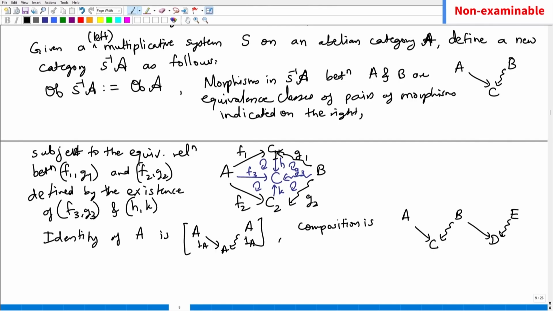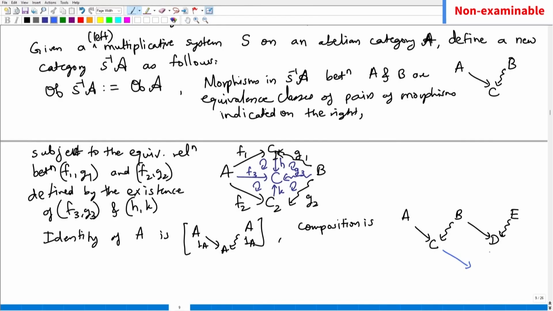So there will exist this blue diagram, and then the equivalence class of these two, A to F and then E to F, is what your composition is. That's why we added this property. And while checking that this is indeed an equivalence relation, whatever we wrote above, you will also use property 4 of the left multiplicative system.